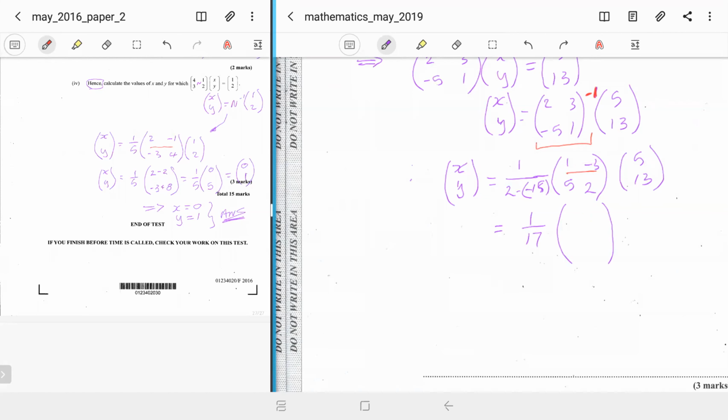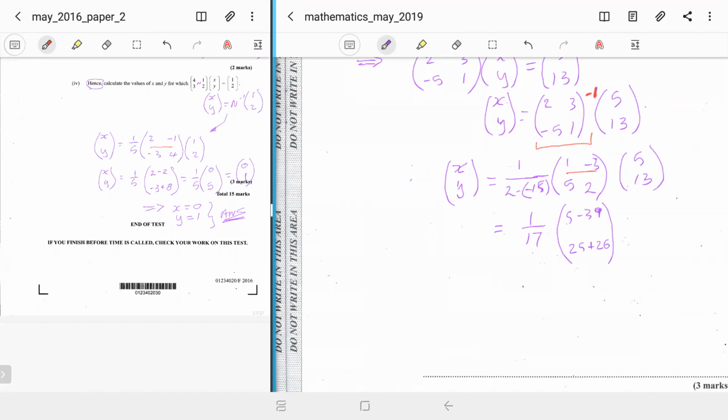The first value is this row times this column. So it's 1 times 5 and minus 3 times 13. 1 times 5 is 5, minus 3 times 13 is minus 39. And then the value down here is this row and this column, so 5 times 5 and 2 times 13. 5 times 5 is 25, and 2 times 13 is 26.